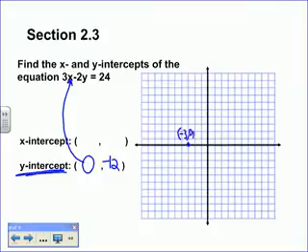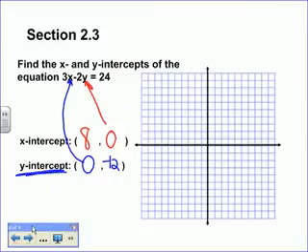For example, like -3, 0. So if you set the y equal to 0, you'll get the x-intercept. So set that equal to 0. I'll use a different color here just to differentiate between those two. Set the y equal to 0. Our x would be 8. Okay?